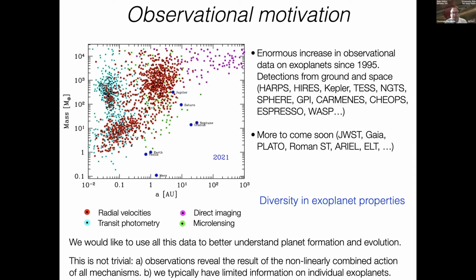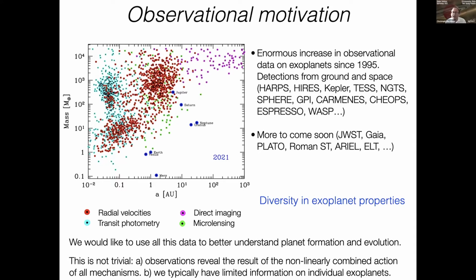And the reason is maybe twofold. When we observe a planetary system, what we see is the result of the nonlinearly combined action of all mechanisms that act during planet formation and evolution. And if you have a theoretical model, say on grain opacities in protoplanetary atmospheres, this is not so easy to constrain directly, because other processes are important as well.